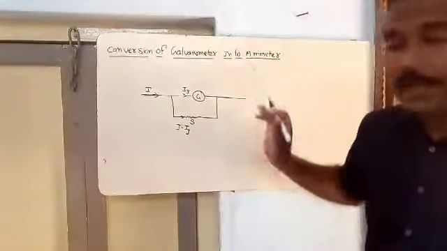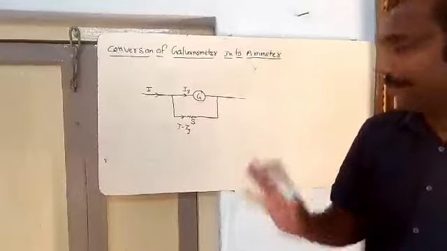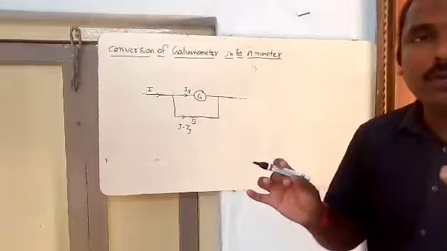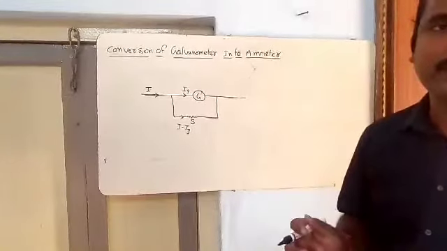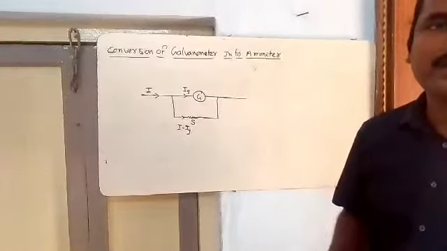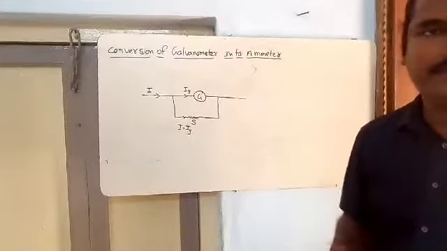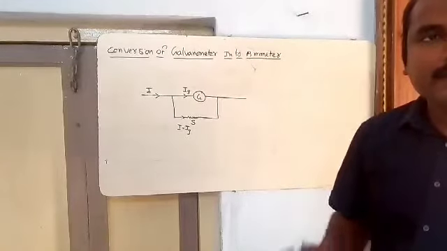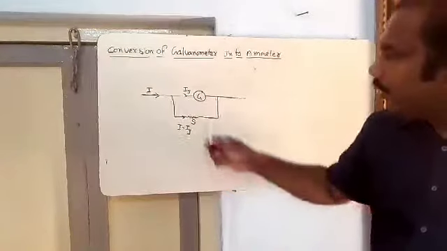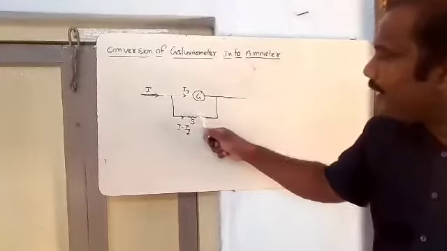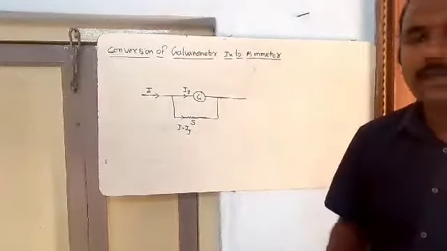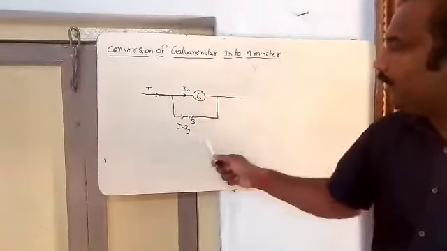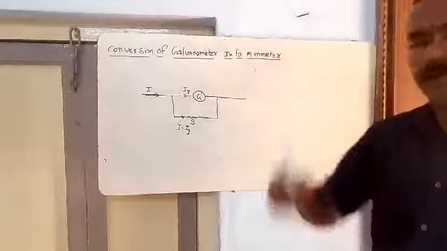That means how you have to convert this galvanometer into an ammeter. See, if you want to convert a galvanometer into an ammeter, first you have to take a very low range of resistance. That very small resistance is called a shunt. Its symbol is S. That shunt resistance you have to connect in parallel to the galvanometer, then only it is possible to convert this moving coil galvanometer into an ammeter.